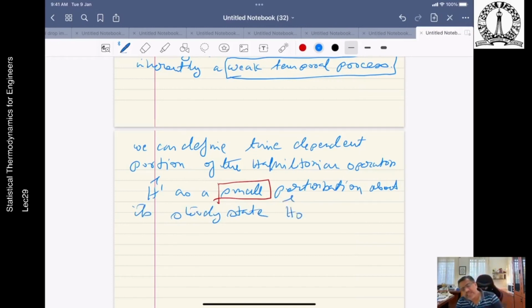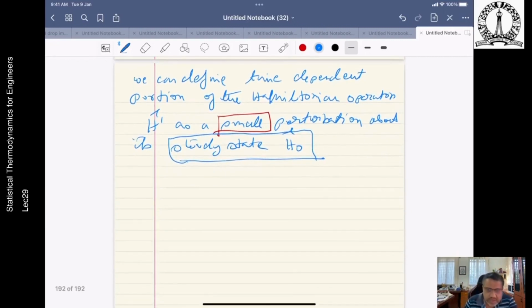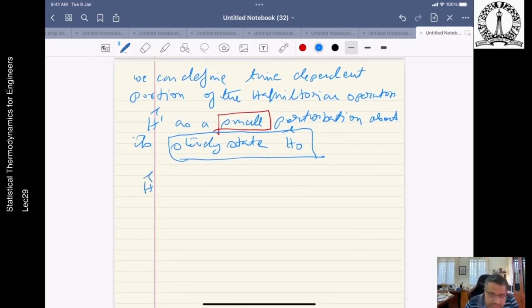So it is essentially like your fluid mechanics linear stability type analysis, that there is a perturbation component which is time dependent, and it is acting on the steady state manifestation, which is H naught. Right? Okay, so that means H is equal to H naught plus H prime. So that is the total solution. So this is the steady state, and this is the corresponding time dependent.